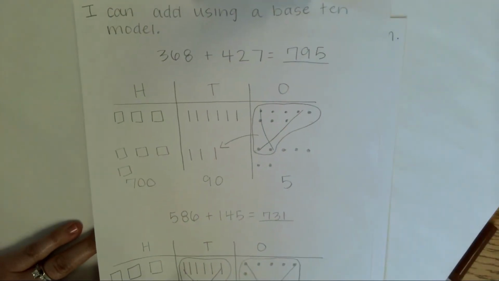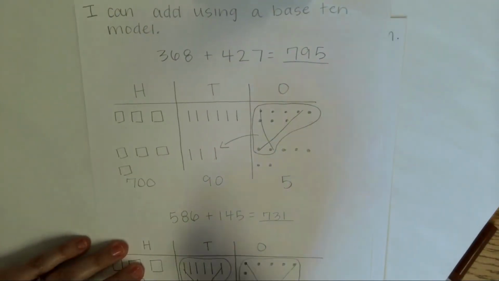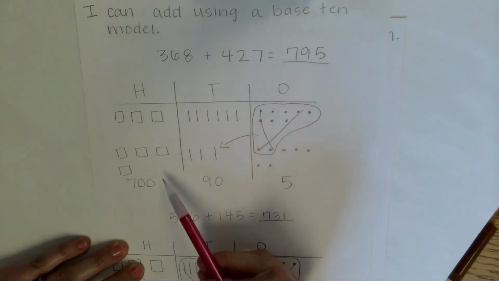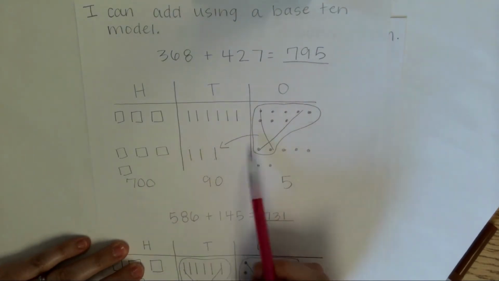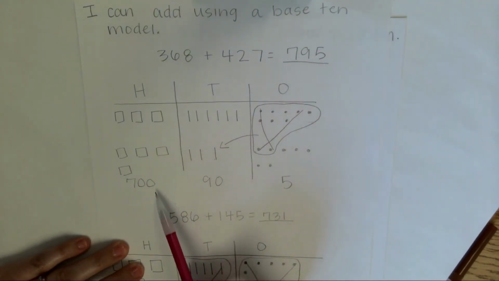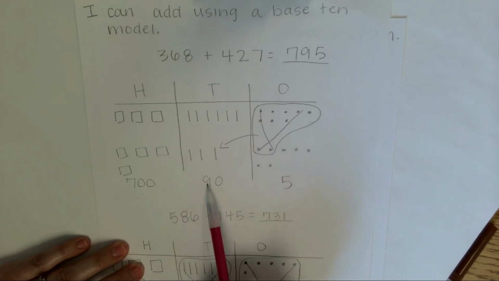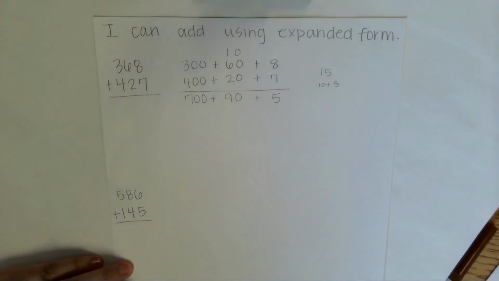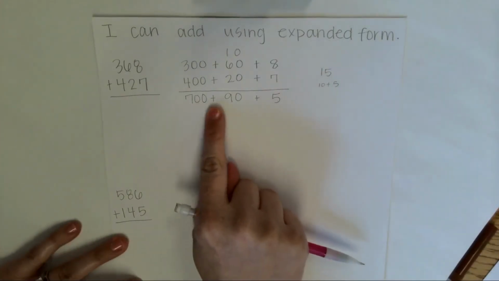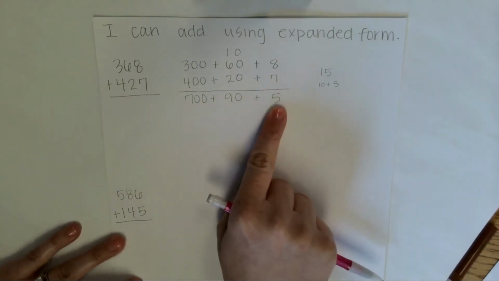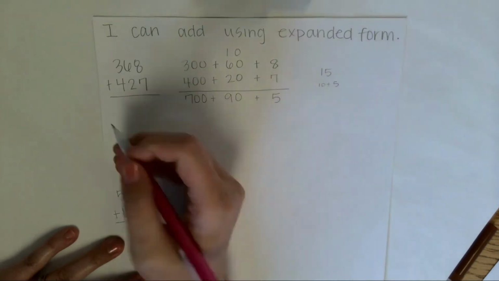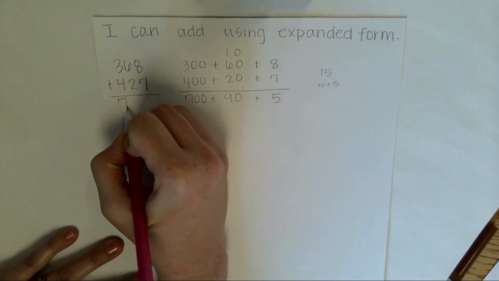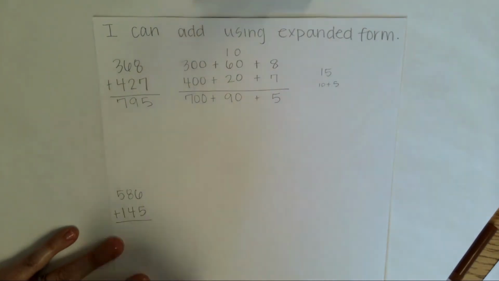Look here, what we had not yesterday, but in our other problem when we did our base 10 model, it's the same problem. We had 700 plus 90 plus 5, and look, we've ended up with the same thing. Here we have 700 plus 90 plus 5. So with the same problem, of course, we got the same answer of 795 using a different strategy.